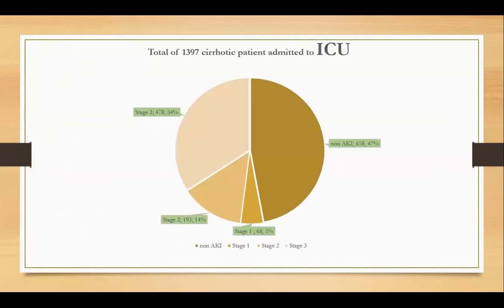So we had a total of 1,397 patients with cirrhosis, and the AKI incidence was around 52.9%. Most of them were stage 3 AKI. And then the non-AKI group was around 47%.